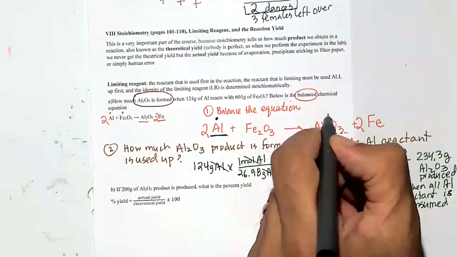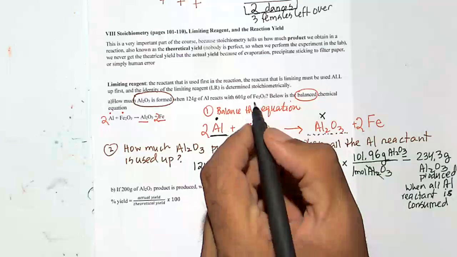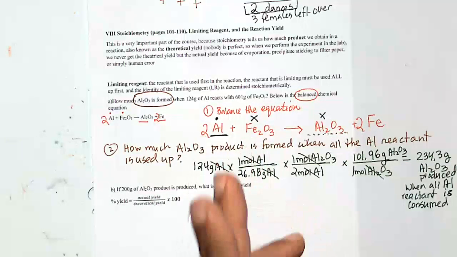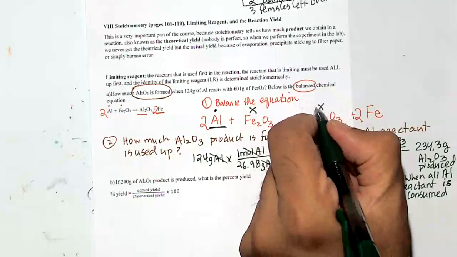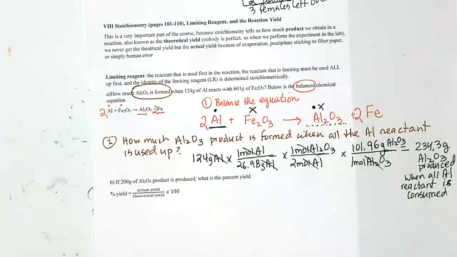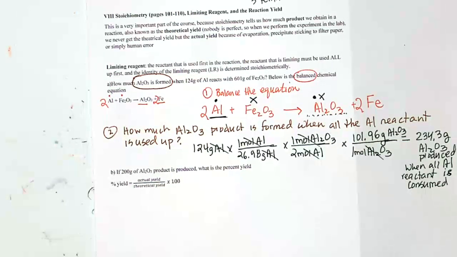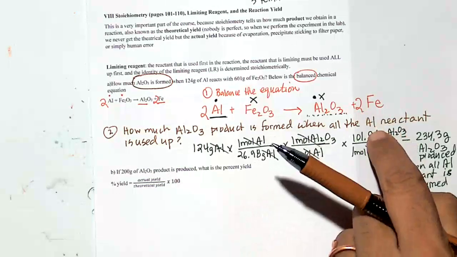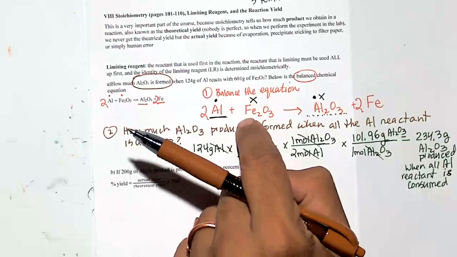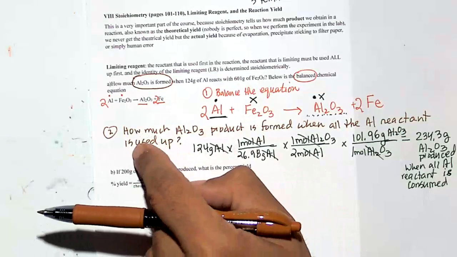Let's see how much of the same product you make when all of this other reactant is gone, and that is Fe2O3. So our next question is how much Al2O3 product is formed when all, not the Al reactant, but all the Fe2O3 reactant is used up.